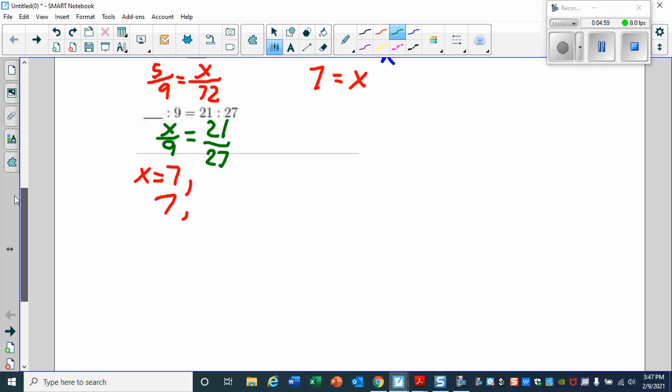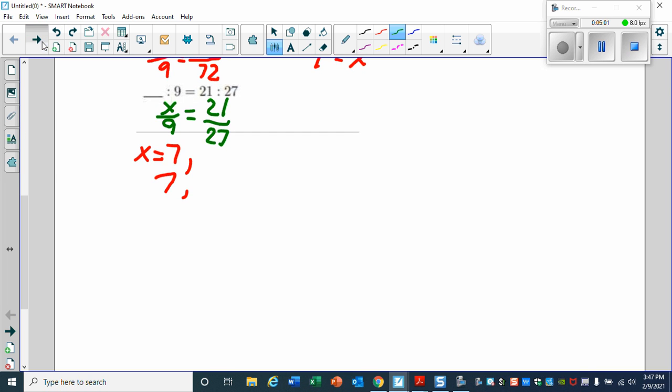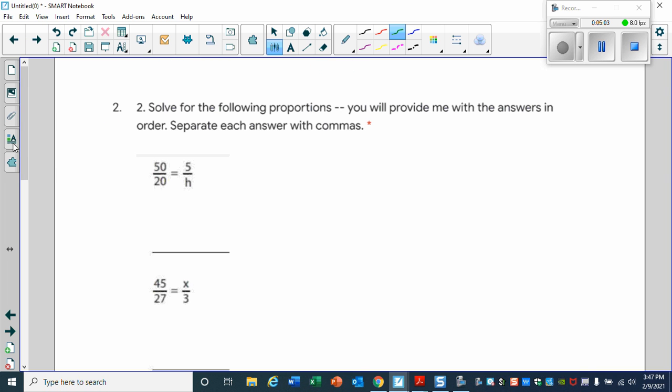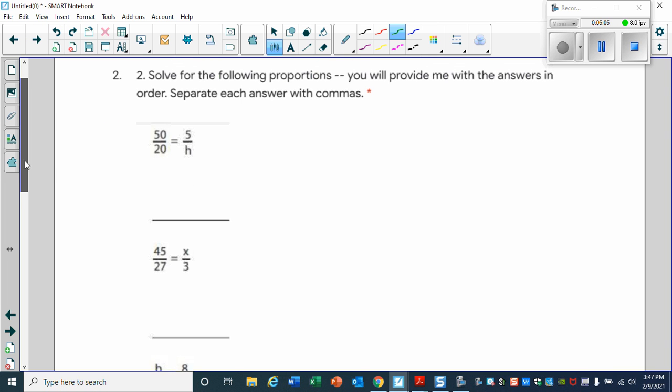All right, for number 2, similar. What you're going to do is basically the same thing as number one. Now it's just a little different. They're going to give you the proportion. And then we do have some room. So you do your diagonal multiplication.